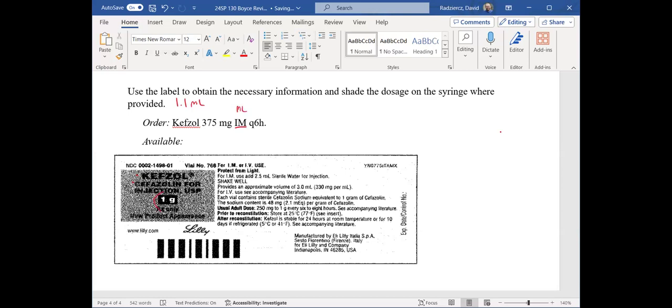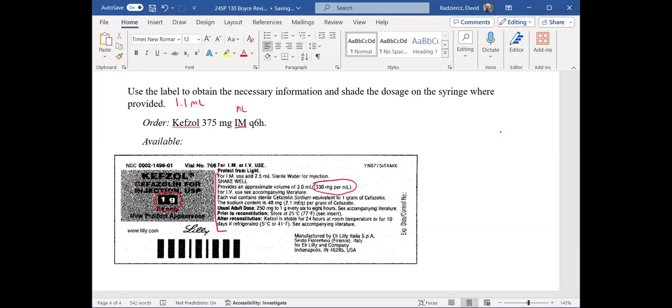The only thing they tell us is that it's 1 gram. So that's your clue that you need to look in the instructions. The instructions tell us to add 2.5 milliliters, shake well, which gives us an approximate volume of 3 milliliters, and then this is what we're looking for.